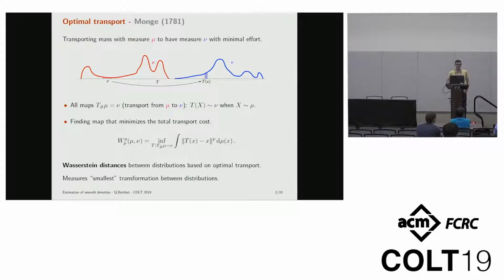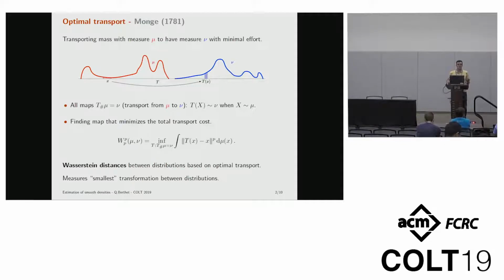So this means that looking at all the functions that transform a variable x with distribution mu into a variable tx with distribution nu, we want the one that has the smallest integrated difference between x and tx. Right? And so in particular, this creates a distance between distributions, right? So this Wasserstein distance, WP, that is the objective of this optimization problem.